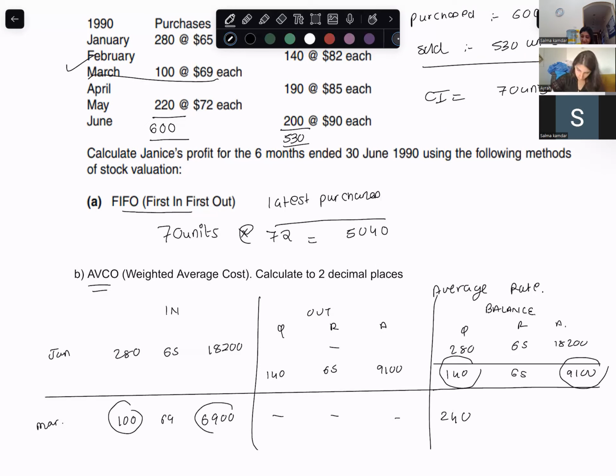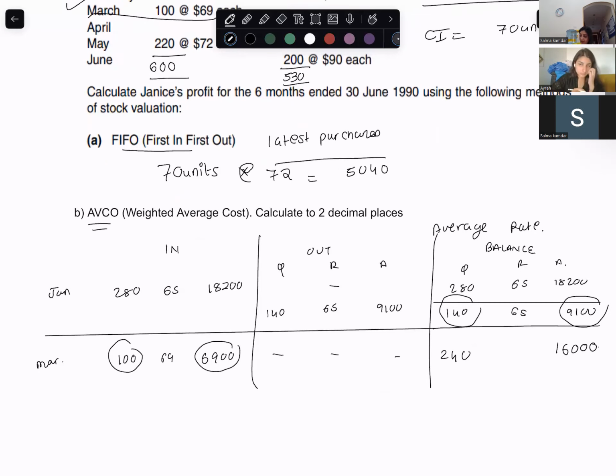Amount: 9,100 plus 6,900 is 16,000. Amount divided by quantity will give you per unit. So 16,000 divided by 240, you have inventory at the rate of 66.67. Are you with me?